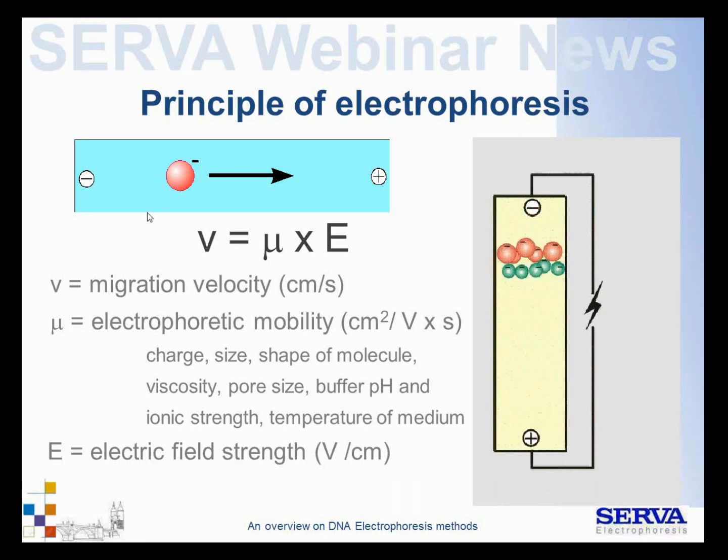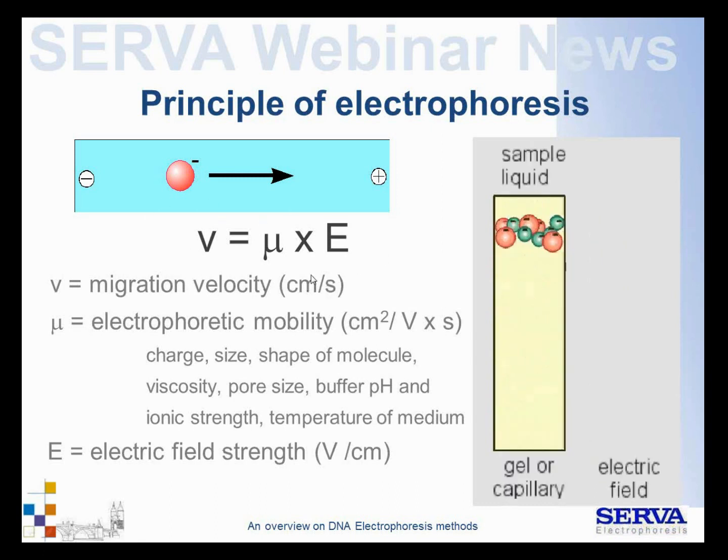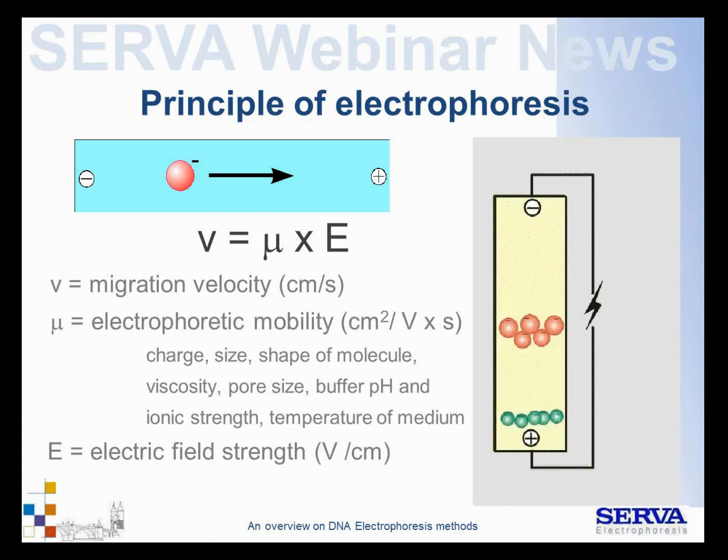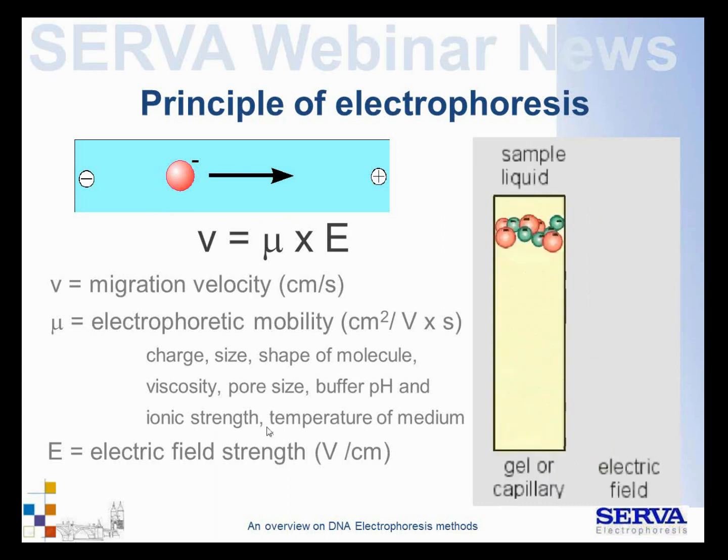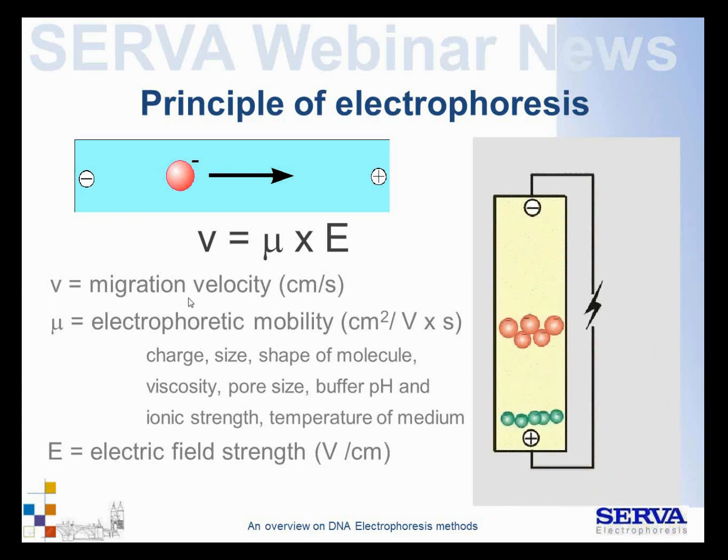There is a very simple equation here which you can easily remember. It's not the official one for electrophoresis, but it's an equation which is easy to understand and easy to remember, and it shows you the relation between the velocity of a particle or molecule and the electrophoretic mobility.